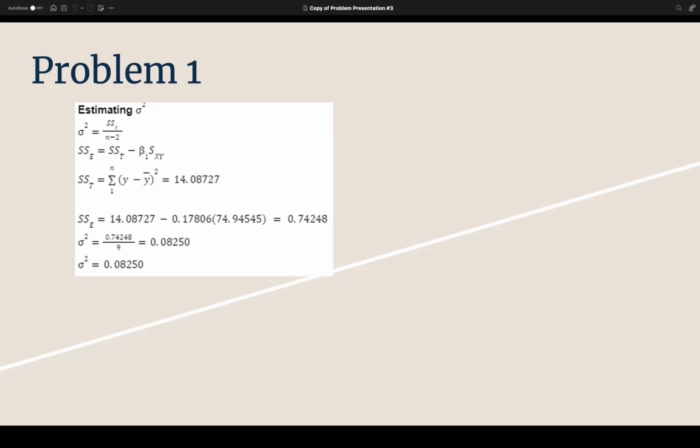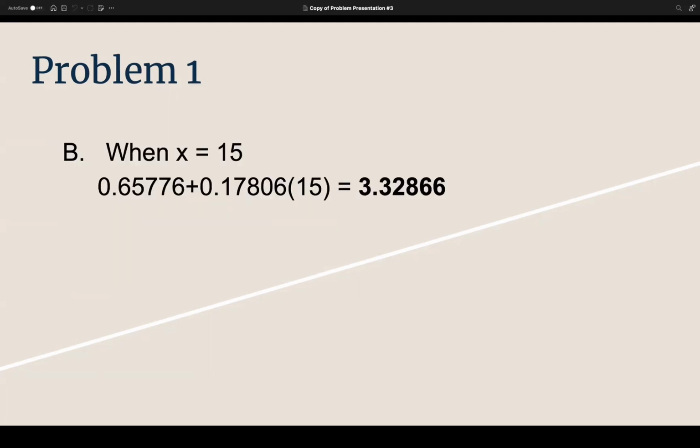Then plugging in those values would give us a sum of squares error of 0.74248, and plugging that value into the equation would give us a variance of 0.08250.